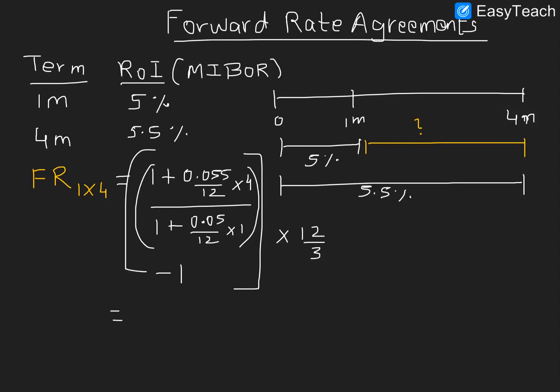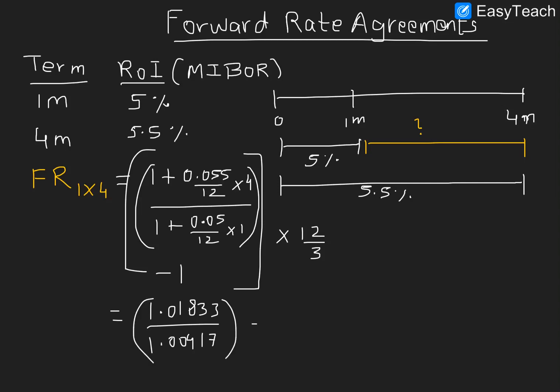So that's 1 + 0.055 divided by 12 into 4, which is 1.01833, divided by 1 + 0.05 divided by 12, which is 1.00417.